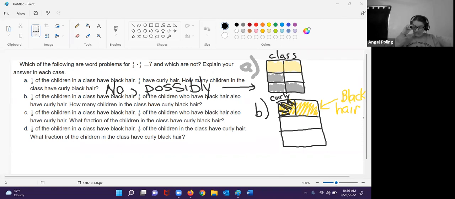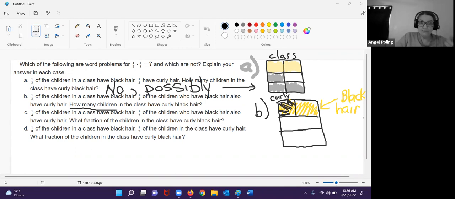So we do have a quantity of half of 1/3, but then they ask us how many children in the class have curly black hair. We don't know how many children. We know what fraction of children.